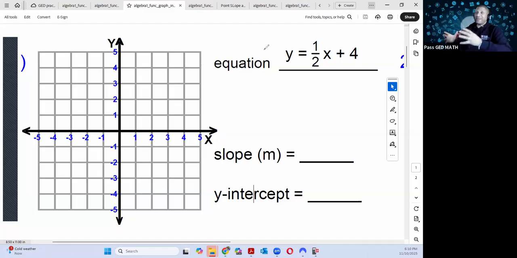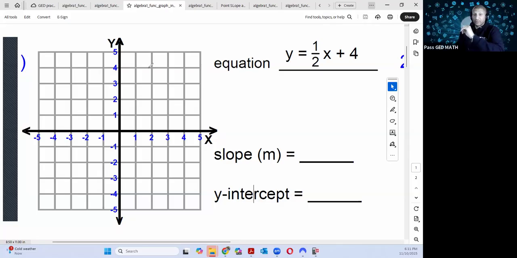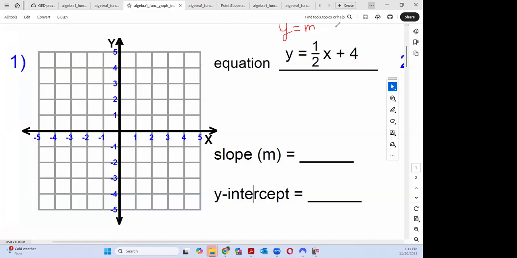So first of all, can anybody identify what form this linear equation is in? What is it? y equals mx plus b. y equals mx plus b.